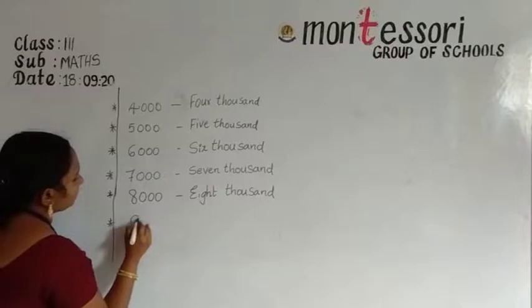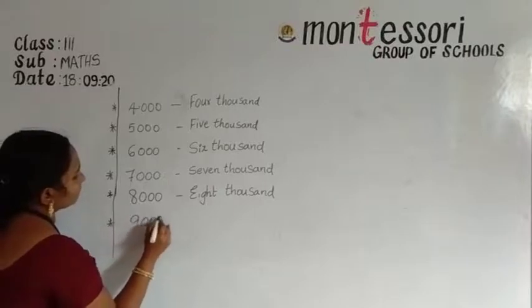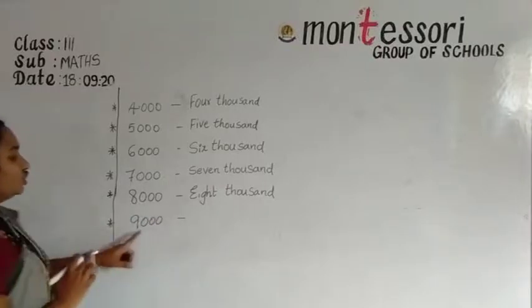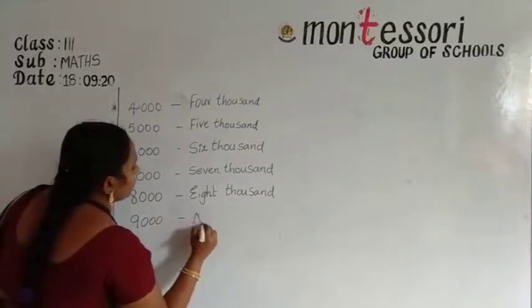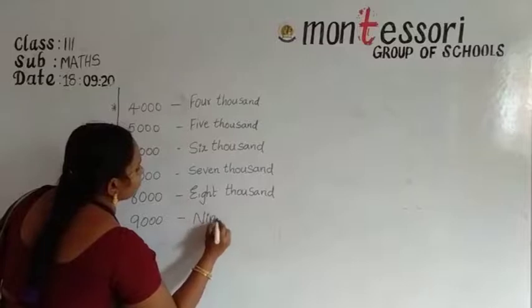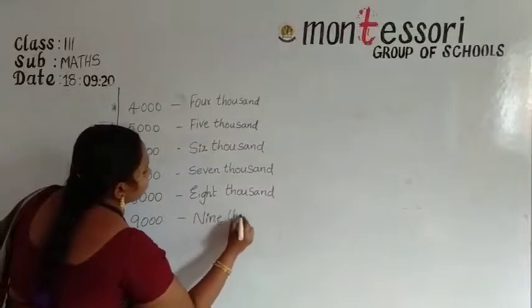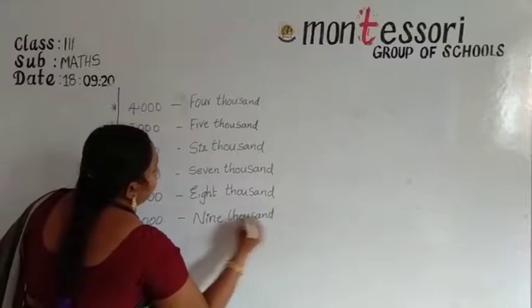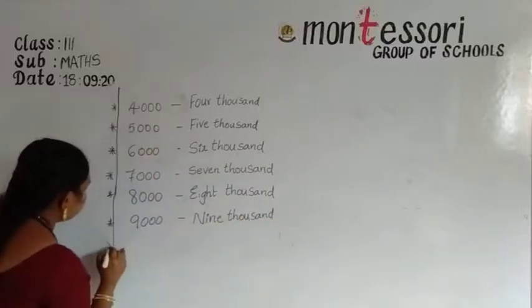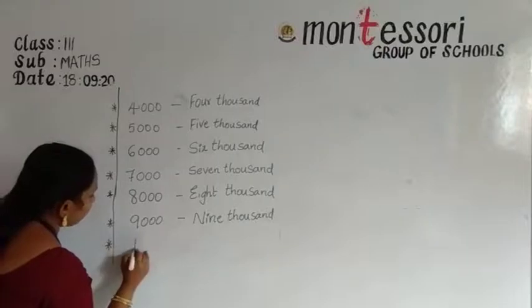And next, 9, 3 zeros, 9000. And after 9000, next, 10,000.